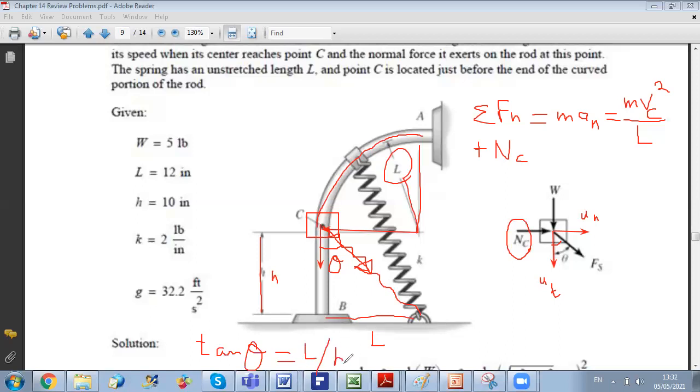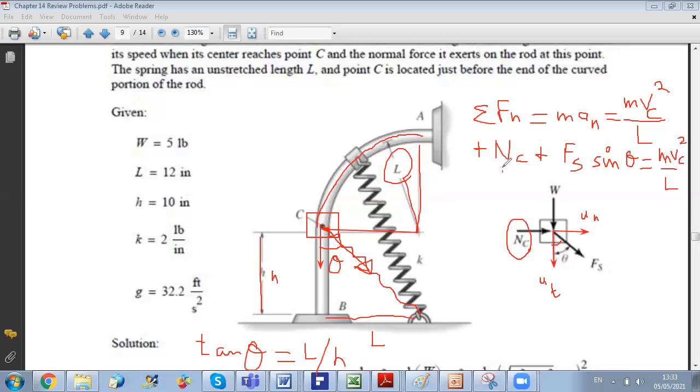And then we have NC plus the spring force Fs times sine theta equals m VC squared over L.